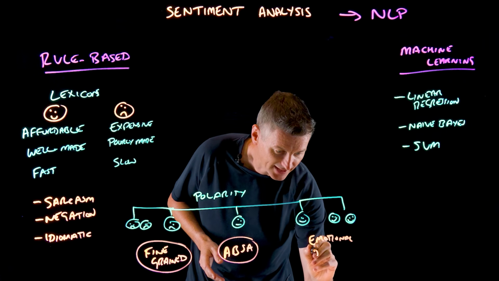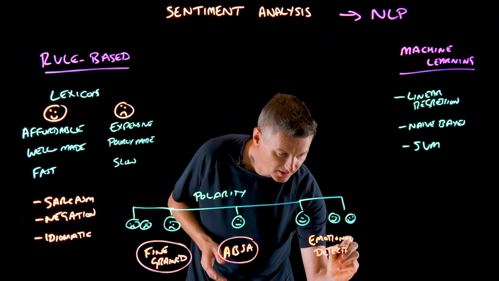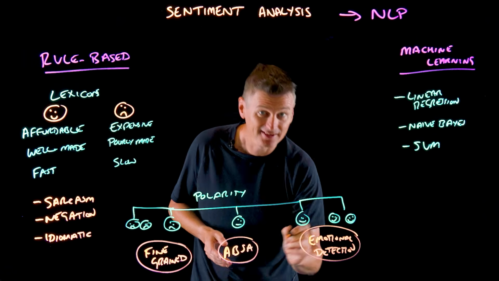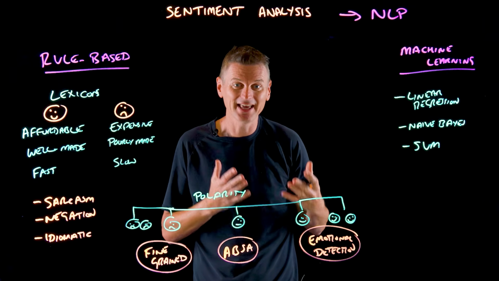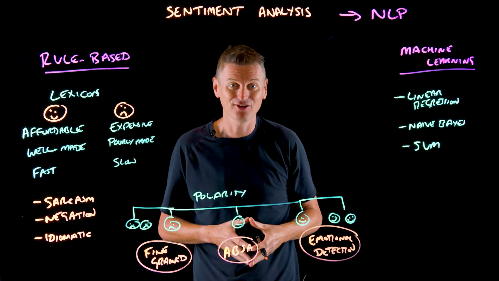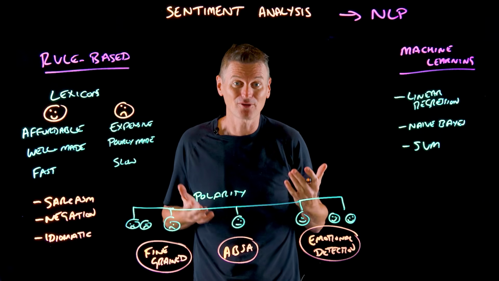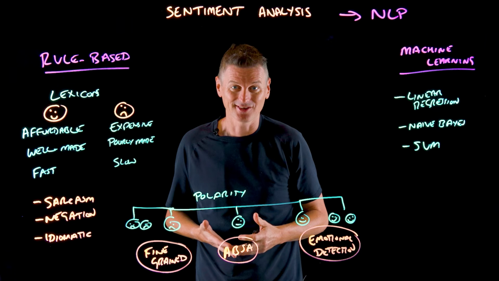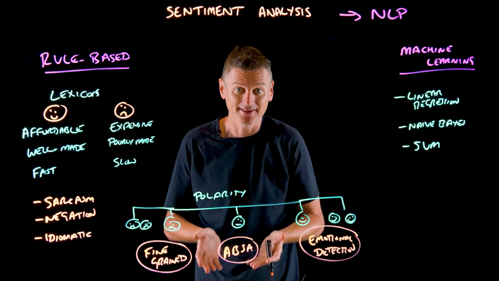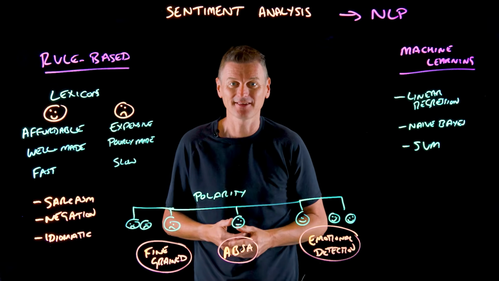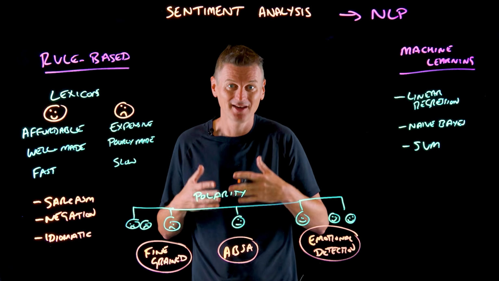And there's also emotional detection as a different type of sentiment analysis. And this seeks to understand the psychological state of the individual behind a body of text, including their frame of mind when they were writing it and their intentions. It's more complex than either fine-grained or ABSA, and it's typically used to gain a deeper understanding of a person's motivation or their emotional state.